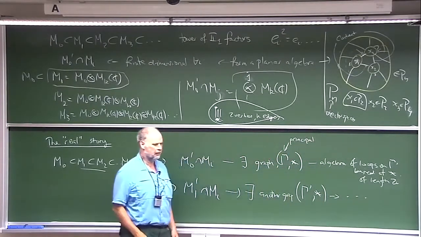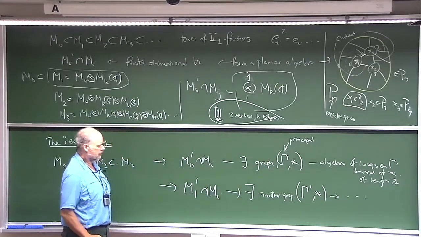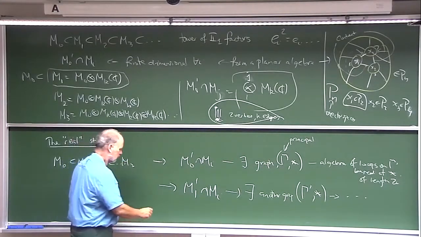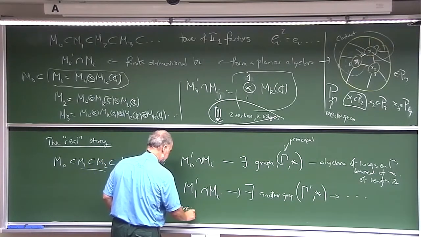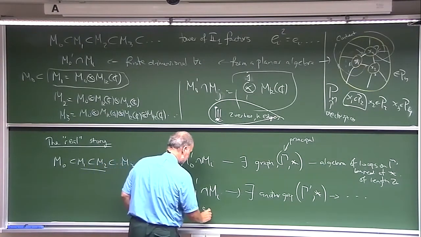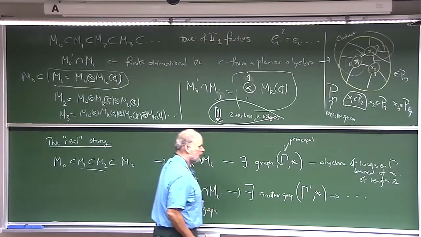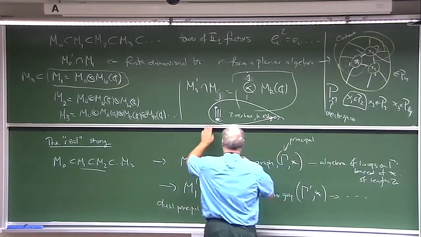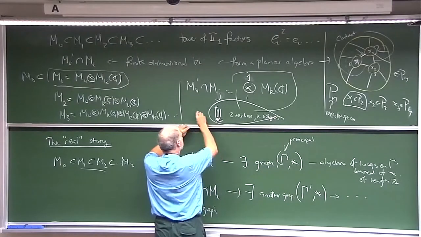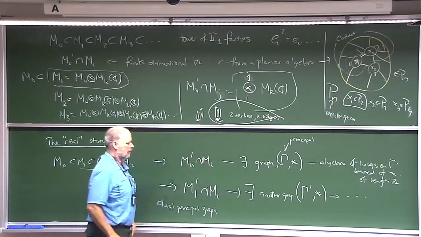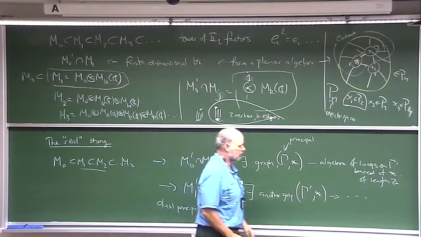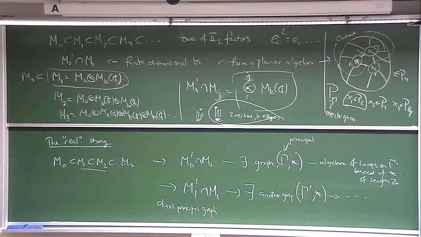So in general, when you have a subfactor, you have two graphs. You have the principal graph, and this one is called the dual principal graph. So in this example here, the dual principal graph is the same, obviously. Okay, so this is a very self-dual subfactor.